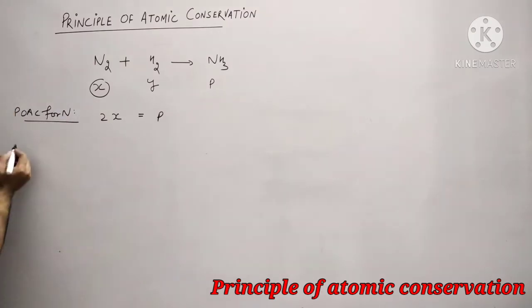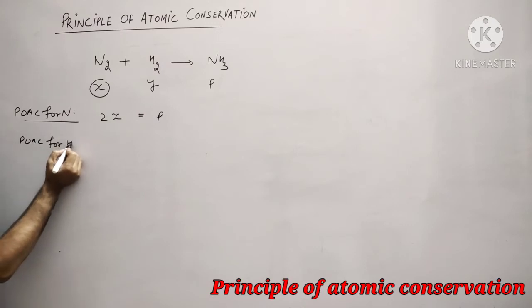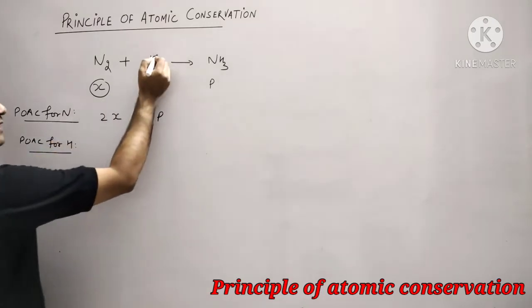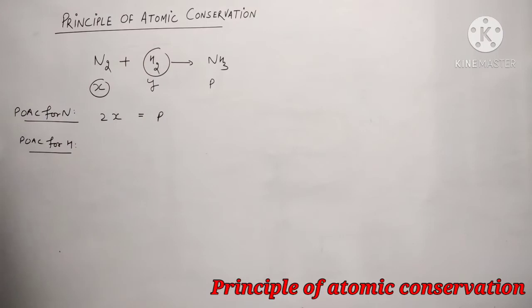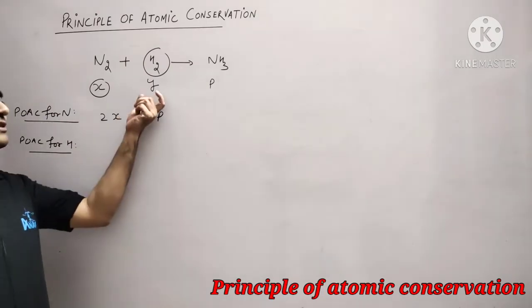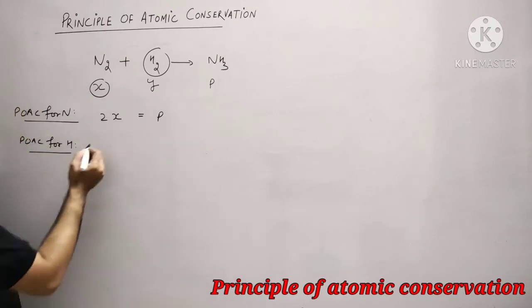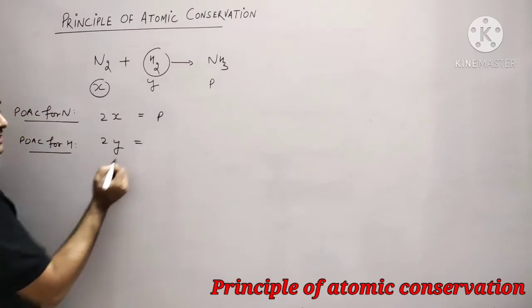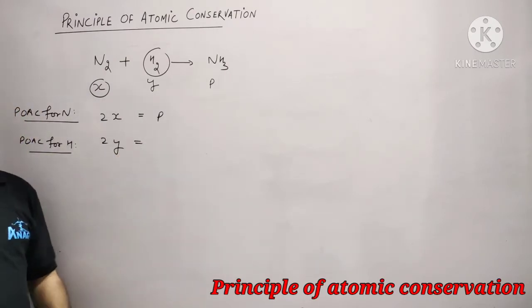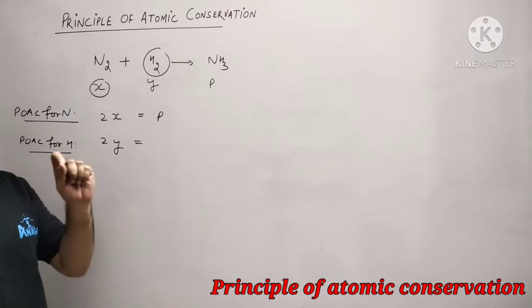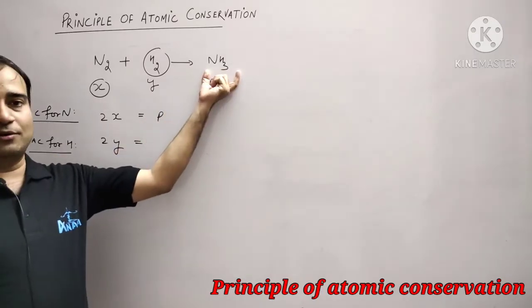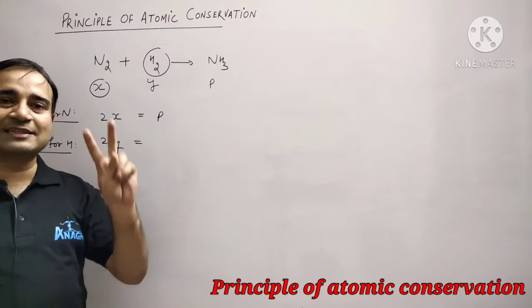Similarly, if I apply the concept of POAC for hydrogen, what is the number of moles of hydrogen atoms? In hydrogen molecules, it is 2y, as the atomicity of hydrogen is 2. But write carefully, in the ammonia molecule, the atomicity of hydrogen is 3.